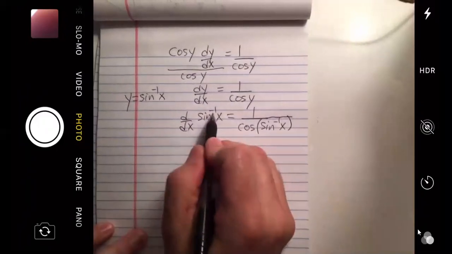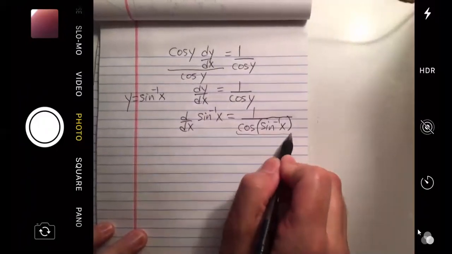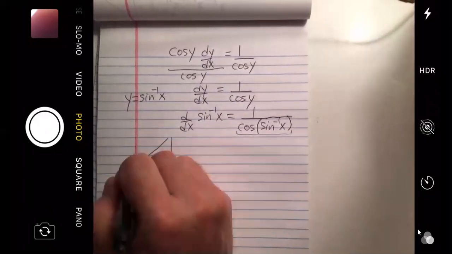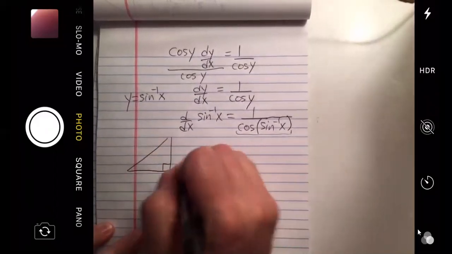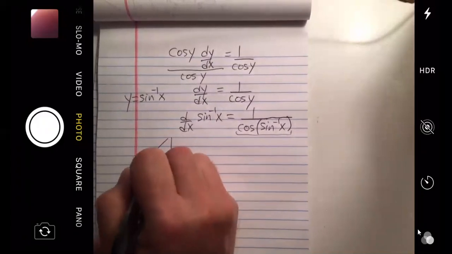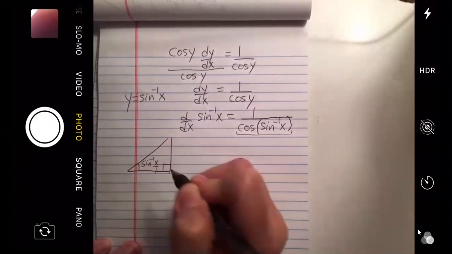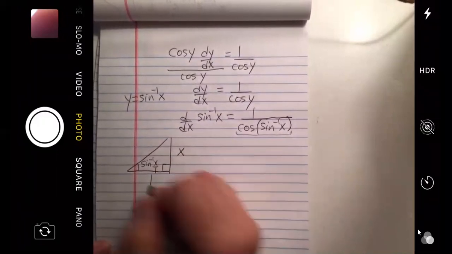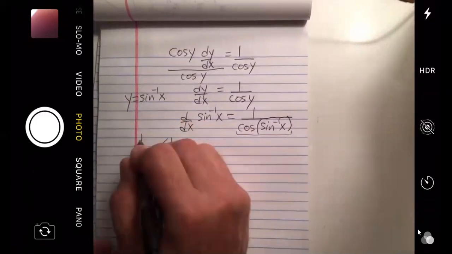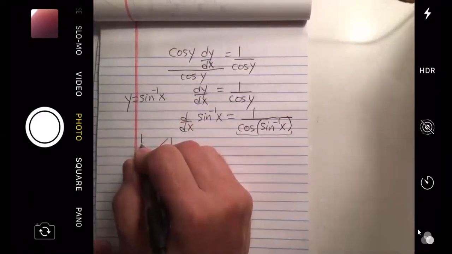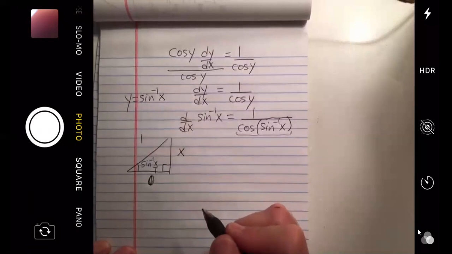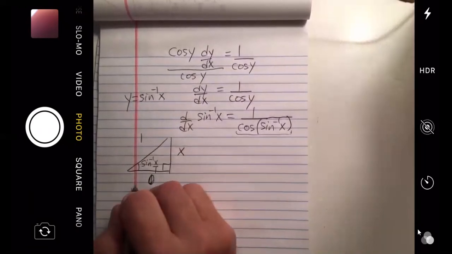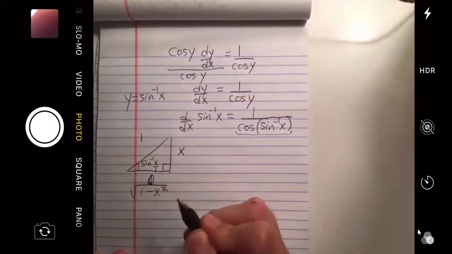So this is what I'm trying to figure out, and it's equivalent to working out this. This is where you need your triangle. The angle is arc sine x. Put it over 1, and it means your x is opposite and your 1 is on the hypotenuse. It's opposite over hypotenuse. You would get a square root of 1 minus x squared.